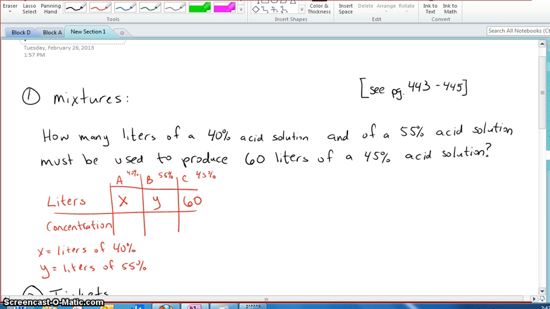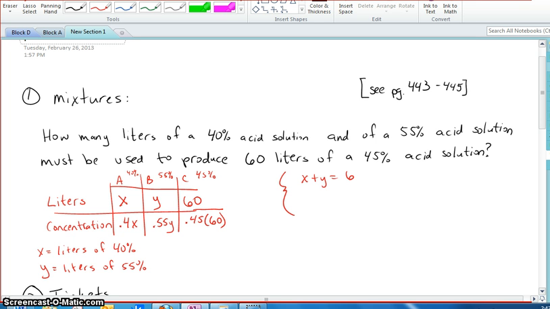If I'm looking at my concentration, this is going to be 0.4x. It's going to be 0.55y. And altogether, how much does it make? It makes a 45% concentration with 60 liters in it. So there are my two equations.